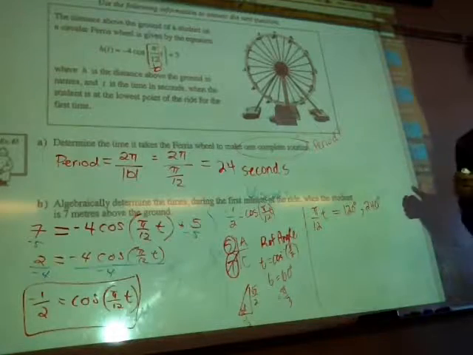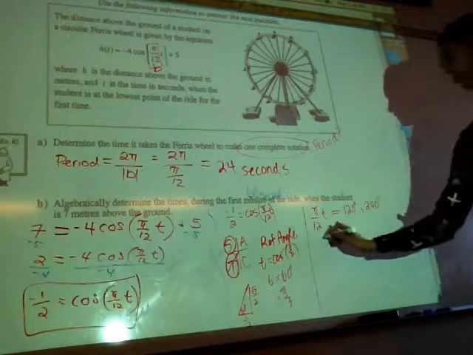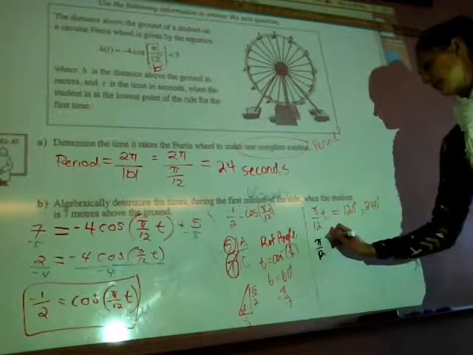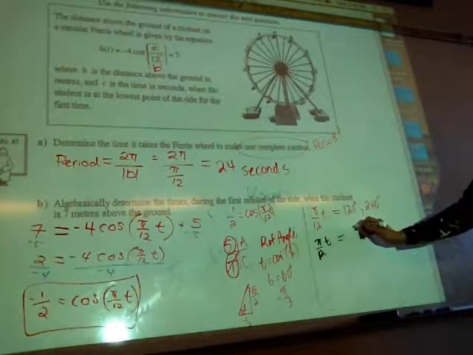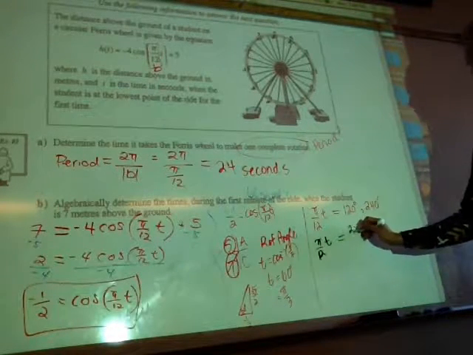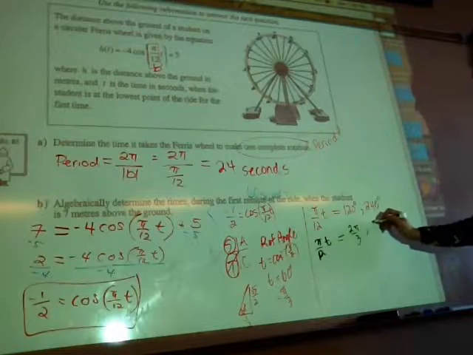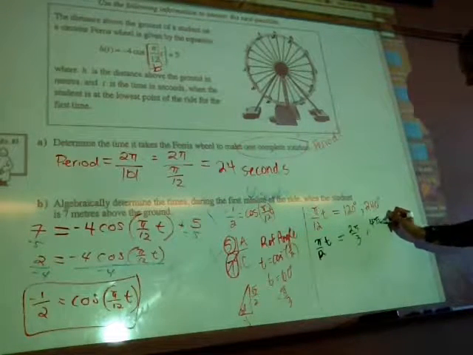We're going to be working in radians, so let's convert those right now. Pi over 12t equals, is it 2 pi over 3? 120, yeah, 2 pi over 3. And 240 is 4 pi over 3.